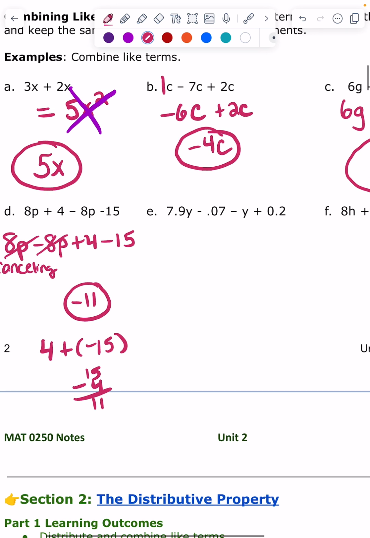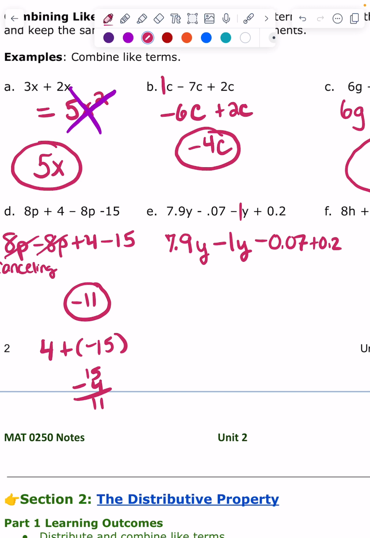E has some decimals, but again, I want to move my variables so that they're together, or my like terms rather. So 7.9y minus, I'm going to put a 1 here, minus 1y, and then minus 0.07 plus 0.2.